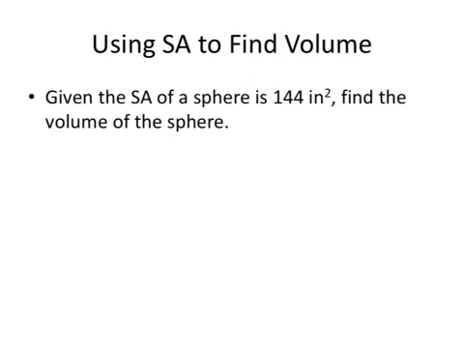Now let's talk about using surface area to find volume. This is the reverse of that. My surface area is 4 pi r squared. If I know that my surface area is 144 inches squared, I can take that and divide by 4 pi.